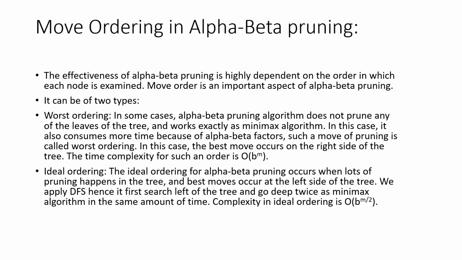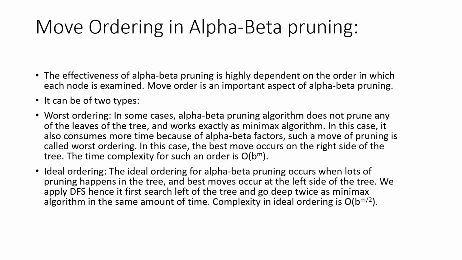Alpha beta pruning works with two thresholds, alpha and beta. We already know that. If the good moves come early, then alpha increases fast and beta decreases fast. So that means alpha greater than beta will happen earlier, and we can get more pruning.